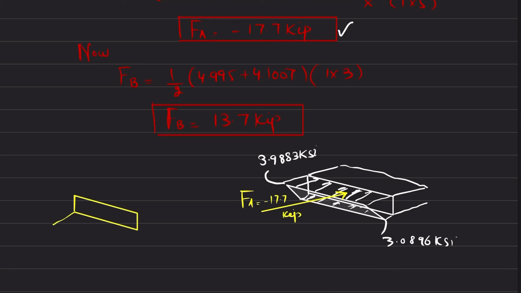Now here the bottom one will have a larger stress and the top one will have a lower, so the variation will be like this one. Clear? I hope you are getting it. So this is plus, so it will be like this.